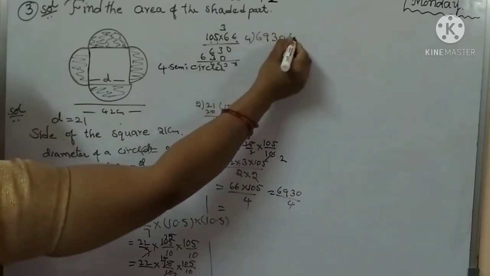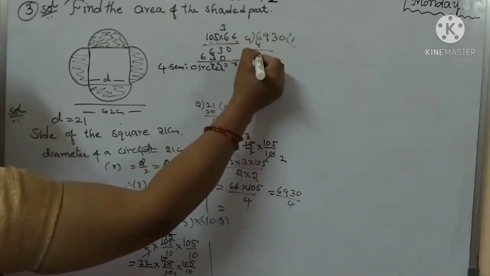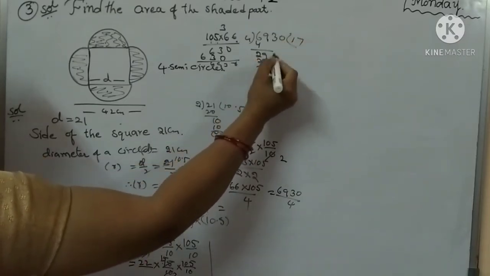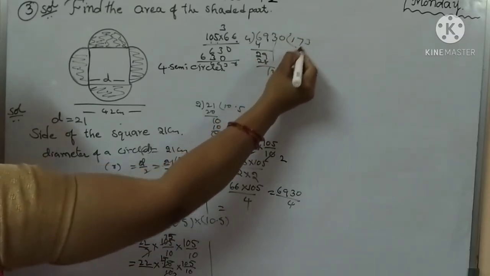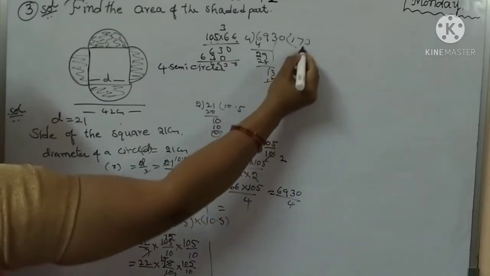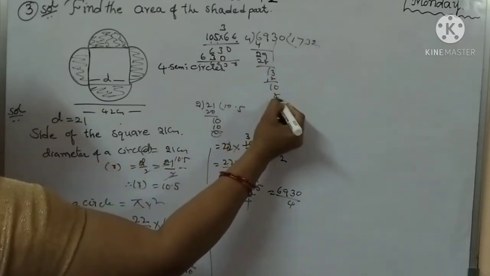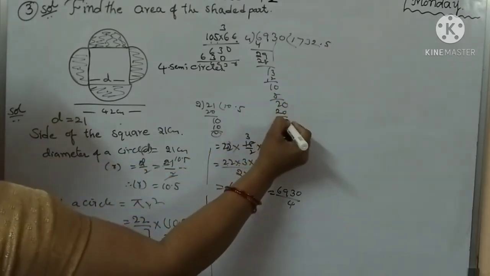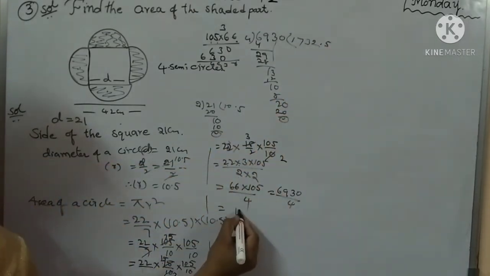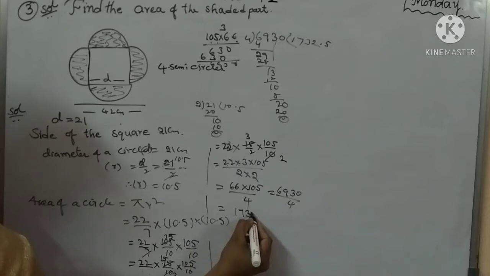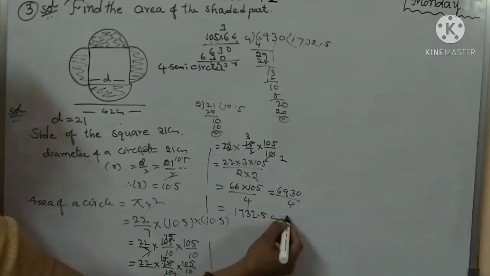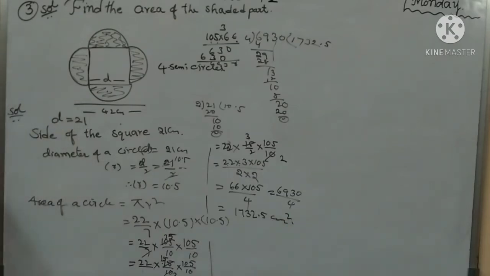How many times? 1 time 4. 6 minus 4 is 2, 9. 7 fours are 28. 1 is there. 3. 3 fours are 12. 1 0. 2 fours are 8. 2 0. 5 fours are 20. So here 1732.5 square centimeters. It is a area of a circle.